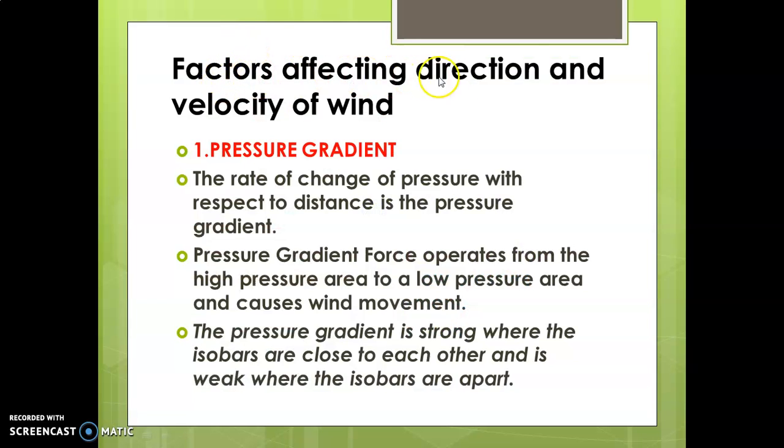Now, what are the factors affecting the direction and velocity of wind? The very first one is pressure gradient. So first we have to understand the meaning of pressure gradient. The difference of pressure between any two places is known as pressure gradient. As I have told you the meaning of isobar, the imaginary line joining the places of equal atmospheric pressure.